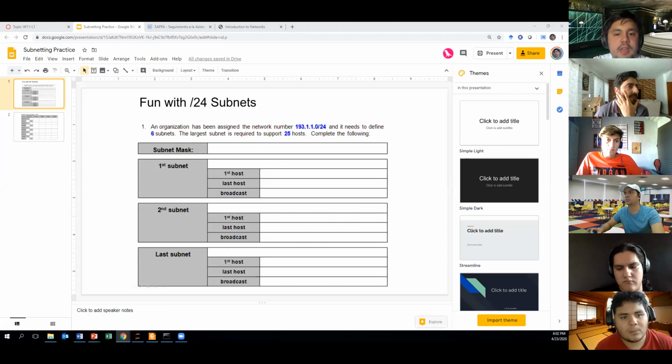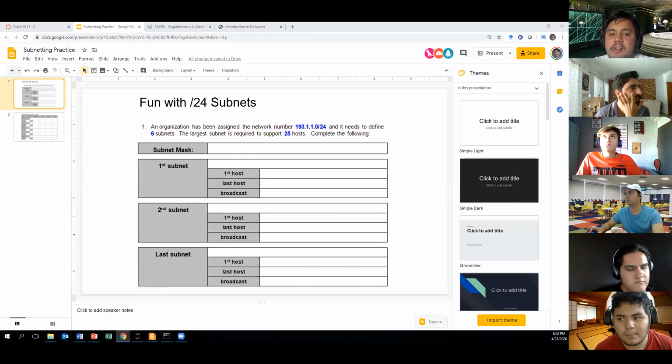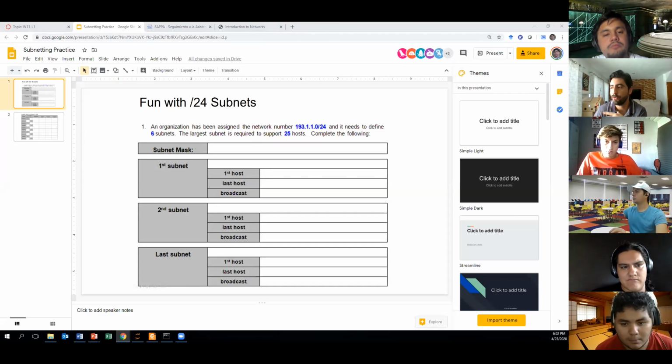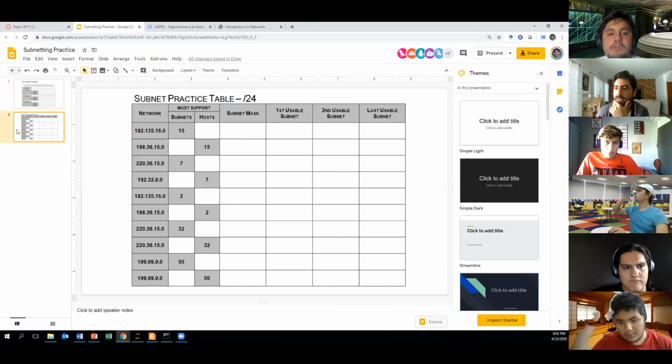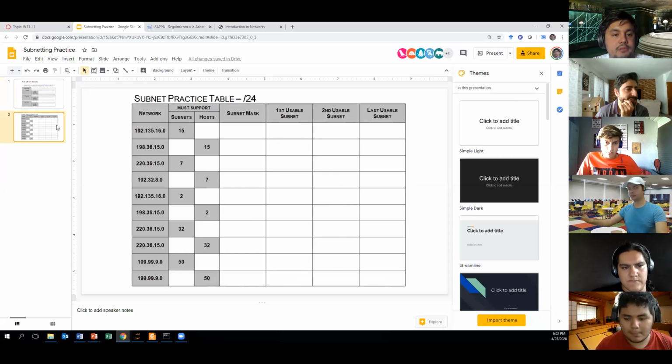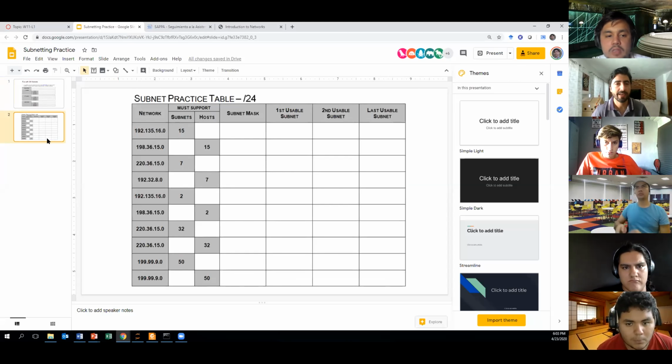We have 13 students, so I'm going to divide you into groups of 3, and you think about it together. Complete this exercise and this exercise together by thinking together. Then we come back here and we discuss it. So let's give you 10 minutes, okay?